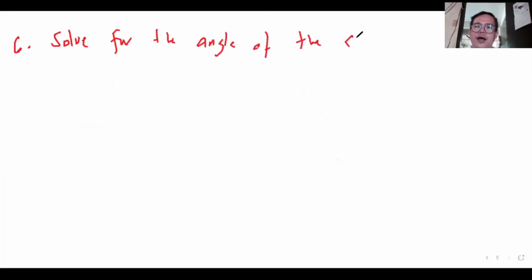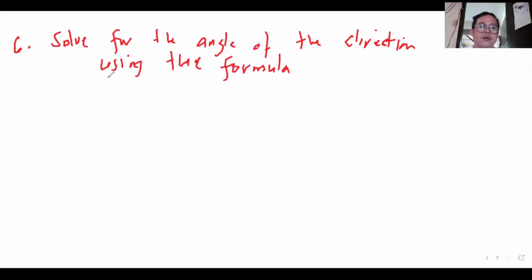So what will be the direction? The direction will be solved; this will be your sixth step. Solve for the angle of the direction using the formula: tangent theta equals summation of y over summation of x.